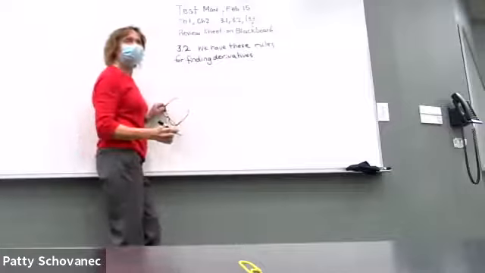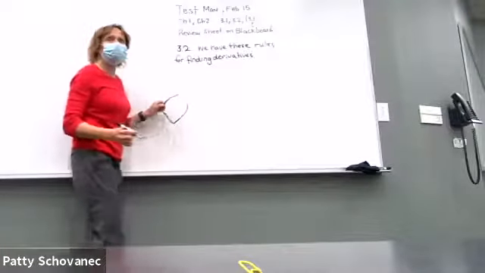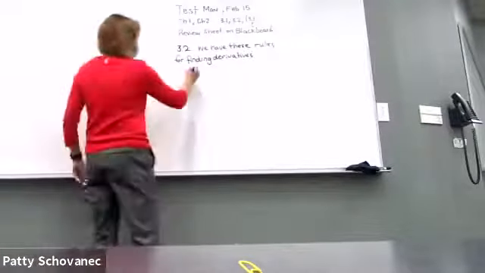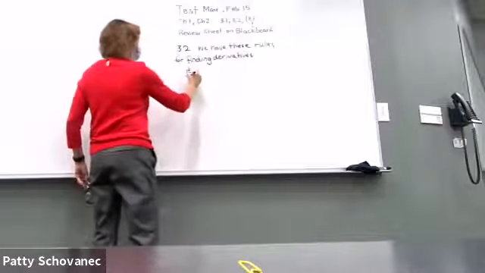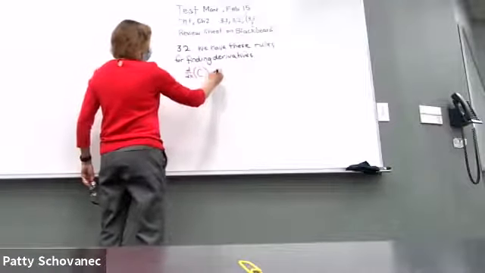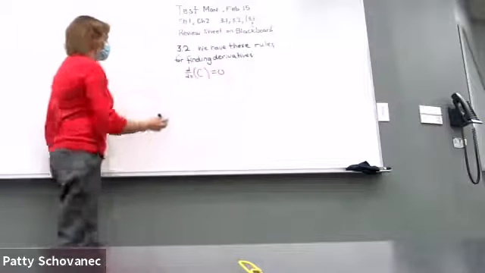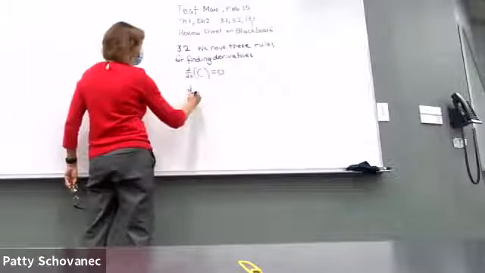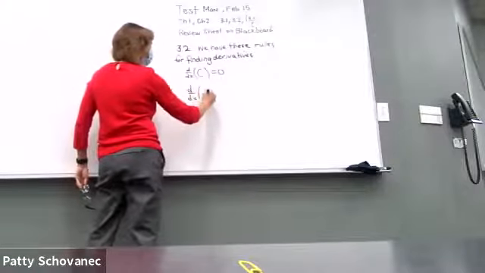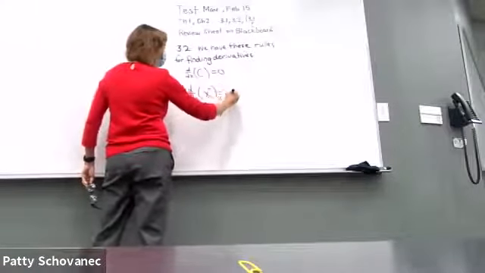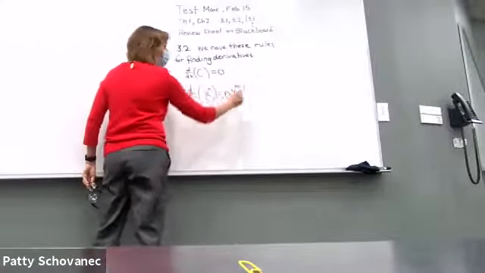We have that the derivative of a constant is 0. So I write that like this: the derivative of a constant is 0. The derivative of x to a power is found by bringing the power down, raise that expression to 1 power less.